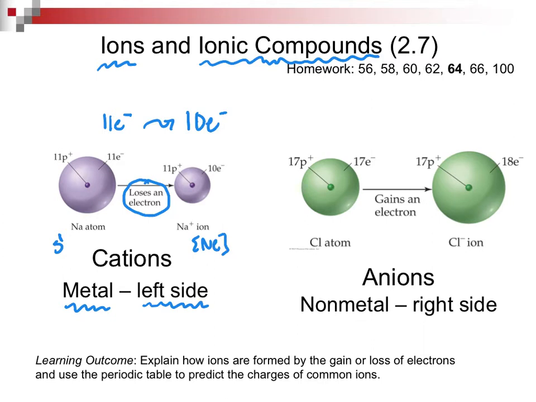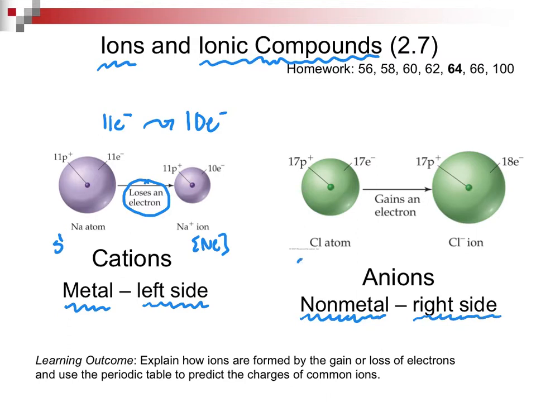But for Chapter 2, cations form from metals. Metals are on the left side, and when you form a cation, you lose an electron. On the other hand, there are anions. Anions are the nonmetals, found on the right-hand side of the periodic table.